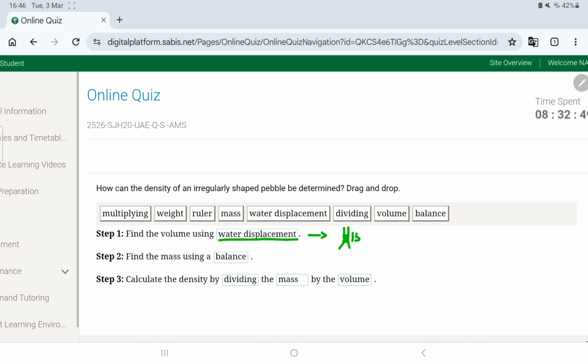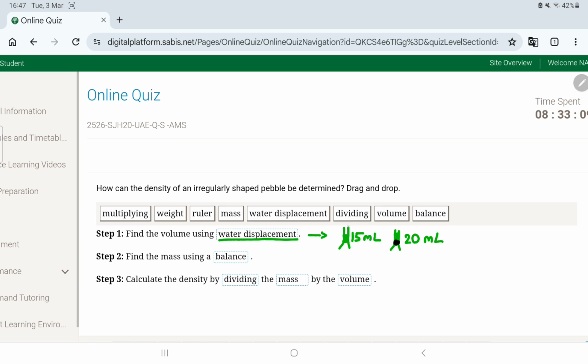And now let's say after you drop the pebble, it went up to 20 milliliters.